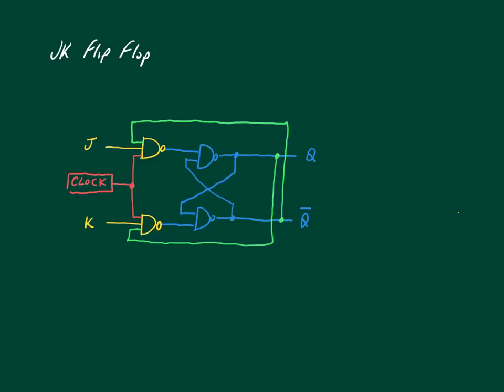I'm not going to draw the full truth table for the JK flip-flop because you don't need to know it, but the four states that you do need to know about are: if J and K are both 0, and then the clock pulses, that sets off the AND gates and feeds into the regular SR flip-flop, if you imagine. As those values pass through, whatever Q was previously doesn't change.